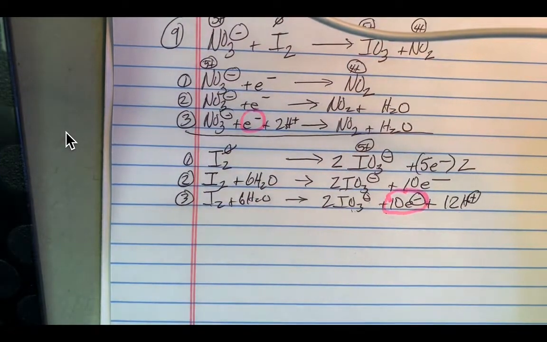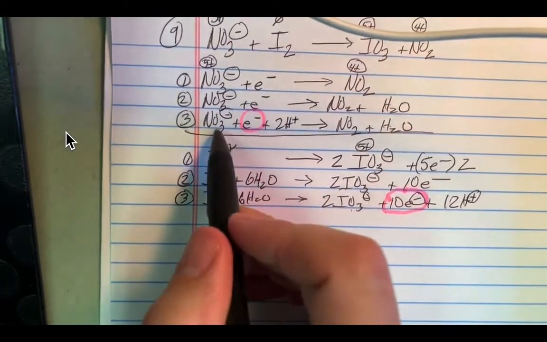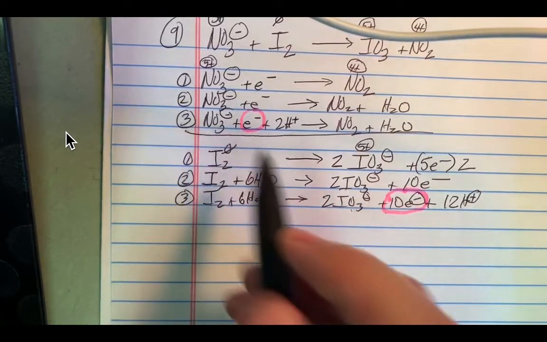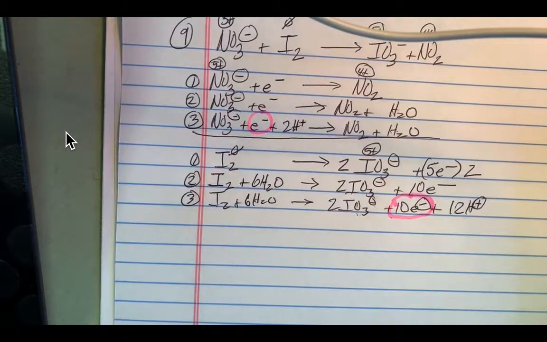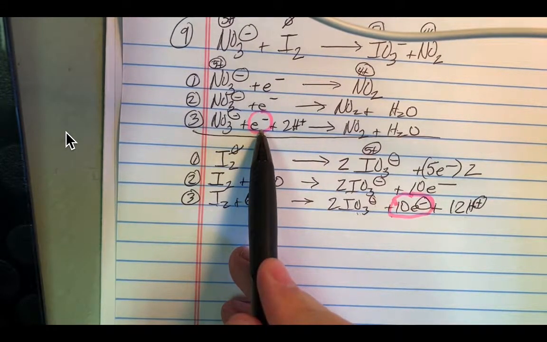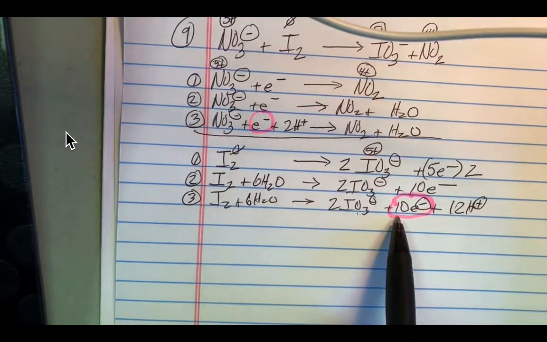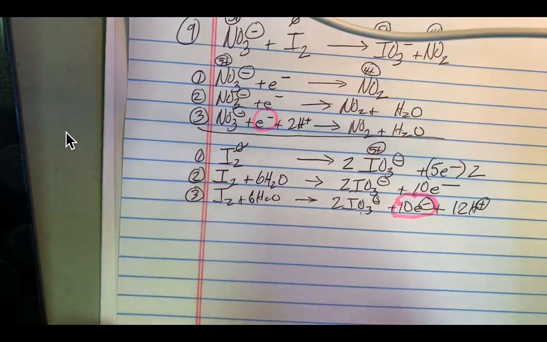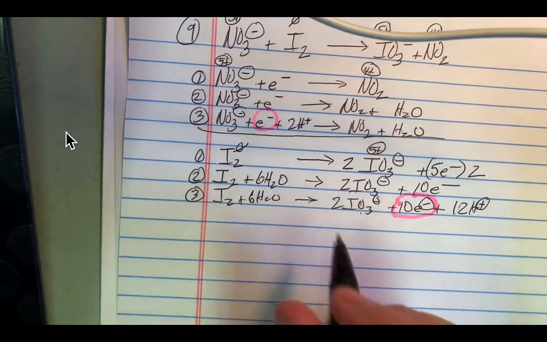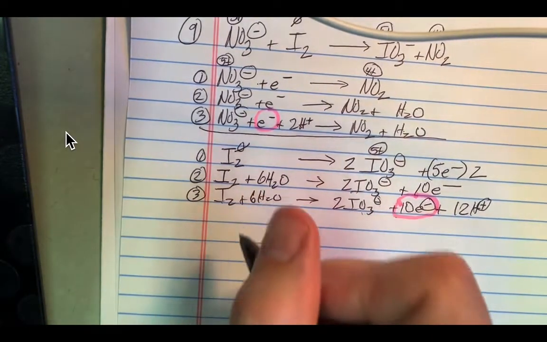So we've got the top reaction here with the nitrogen properly balanced, and the bottom reaction here with iodine properly balanced, but they're not ready to mesh together. But we can take a properly balanced reaction, just multiply through by any constant, and it'll still stay balanced. So let's just do that.